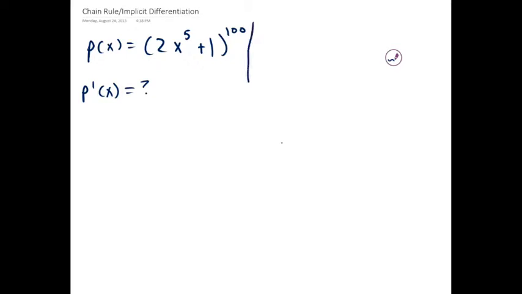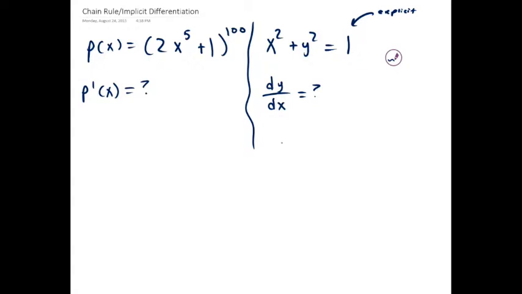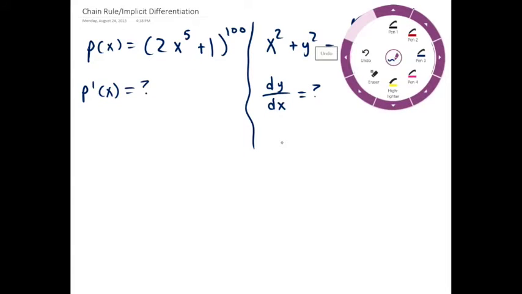So that's one question. And then another question would be, if we have this equation here, which has a graph associated with it, how can we find dy/dx?